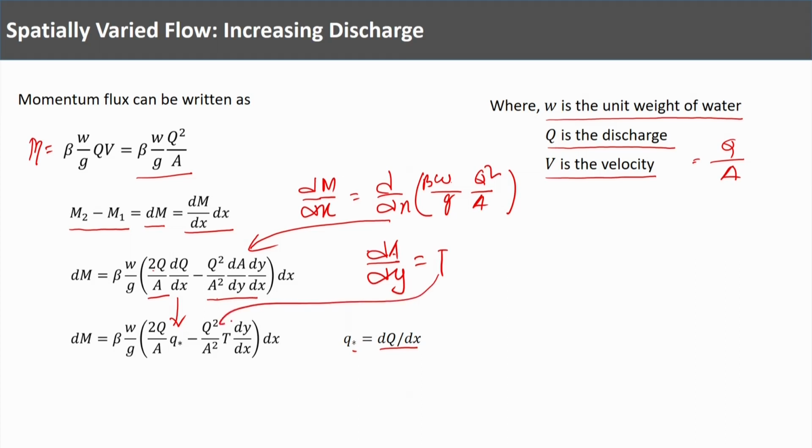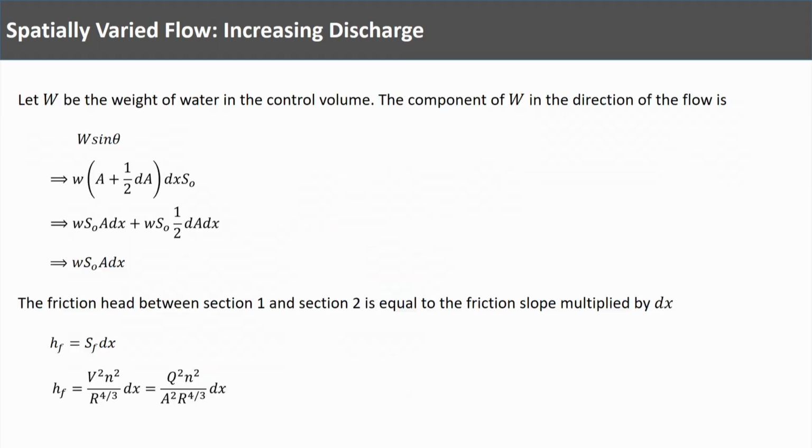So in that case I am putting T here. So finally I am getting this expression for dM: dM is beta w by g within bracket 2Q by A q star minus Q square by A square T, dy by dx.